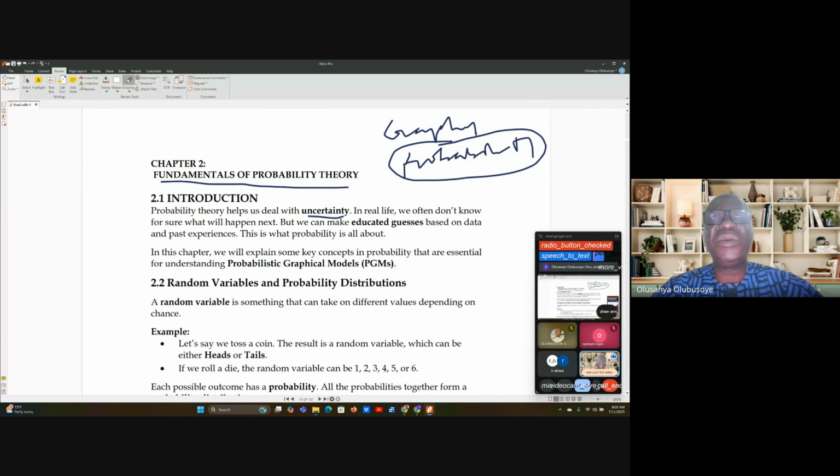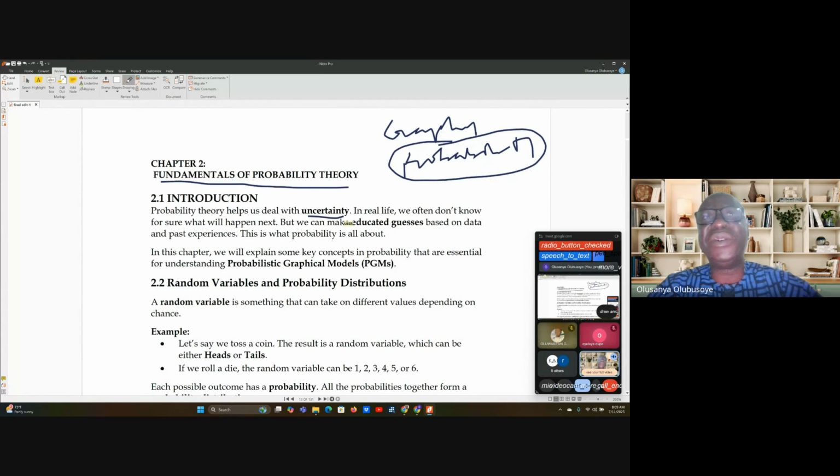You are not sure whether it will rain tomorrow or it will not rain. Even I'm not sure, let me use myself, whether one will be alive next year, even tomorrow, even next moment.